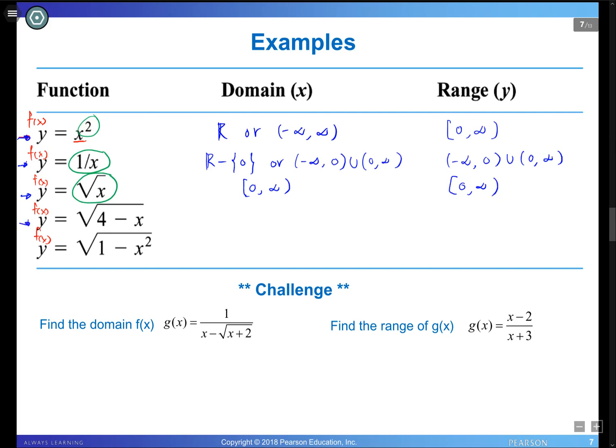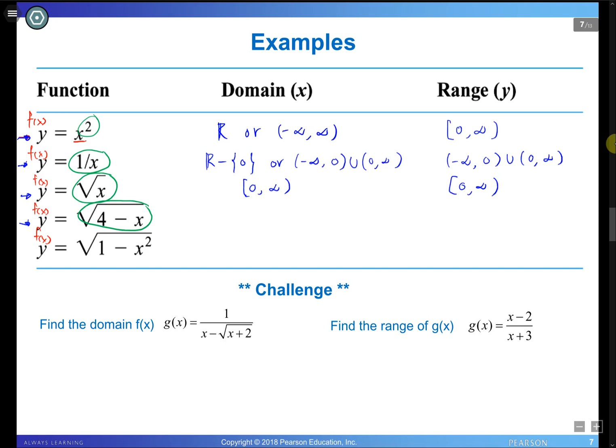This one. The function of x equals the square root of 4 minus x. We want to find the domain of this. Right away we have this square root, and we know it's all about the second violation. The inside of the square root can't be negative.